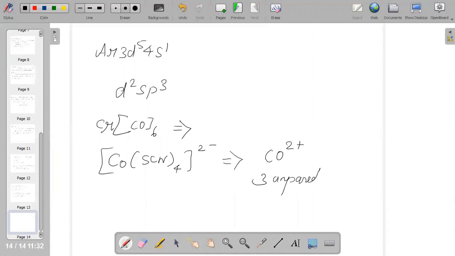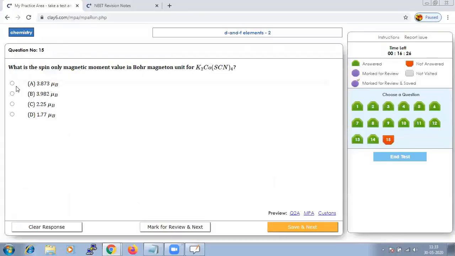Substituting in the formula root of n(n+2), we get root of 3 into 5, that is root 15, which is around 3.87. So the option should be 3.873. Let us save that. We have completed all 15 questions.